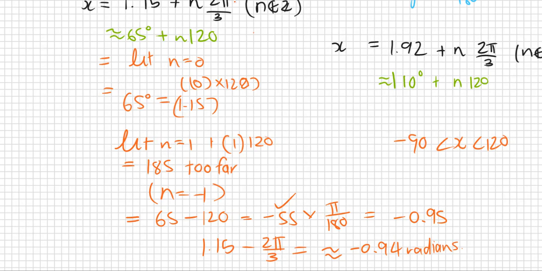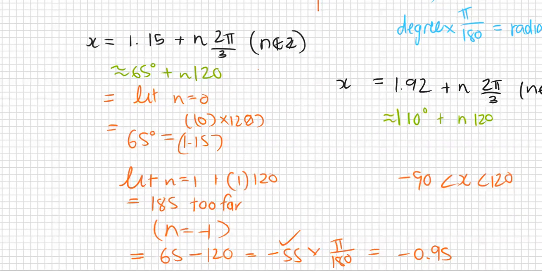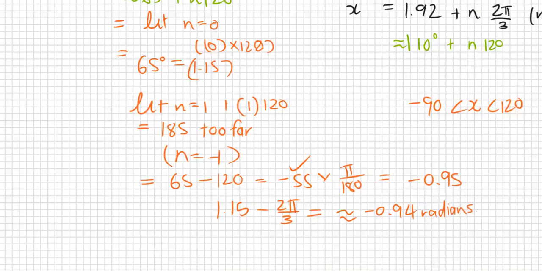So we have two options for x from the 1.15 general solution: either x is equal to 1.15 or x is equal to negative 0.94 in radians. Those are our two options that came out of that first general solution within our restrictions.